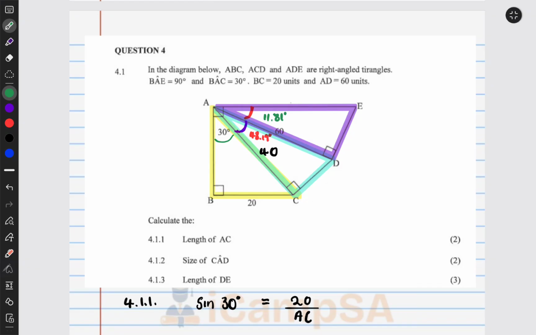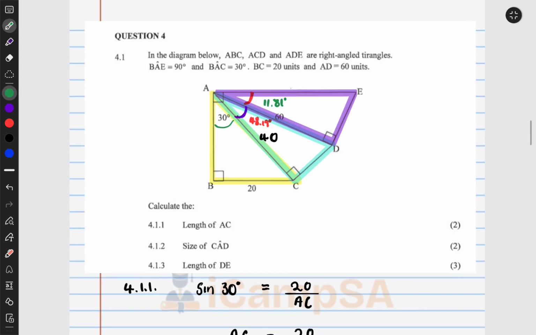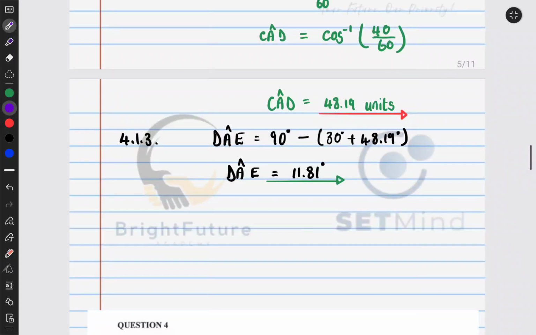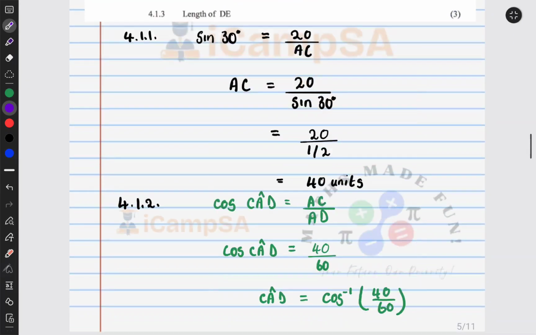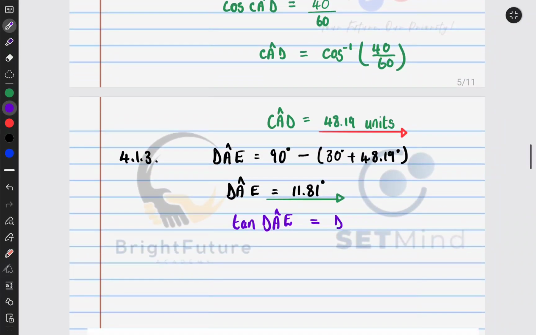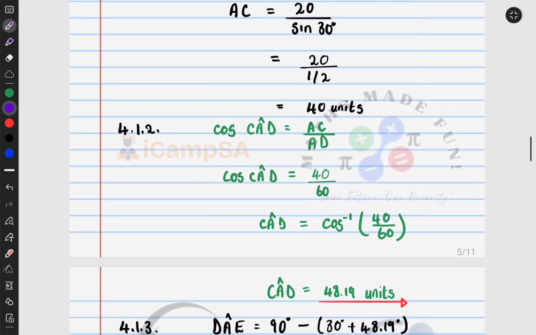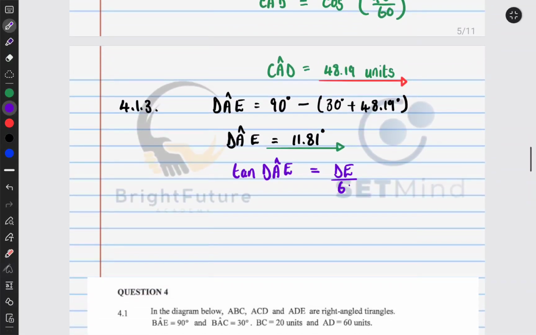And then we're looking for side DE, and we have that side AD of 60 units, the adjacent side. We're looking for the opposite side. Which trigonometric ratio has the opposite and the adjacent side? That is the tan ratio. So for 4.1.3 we say tan of DAE is equal to the opposite side, which is DE, what we are looking for, divided by the adjacent side, which is AD, or just 60 units.